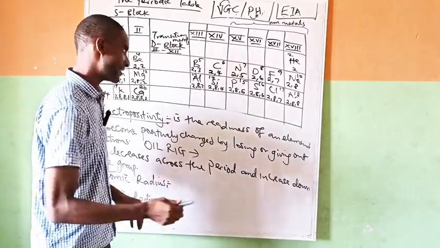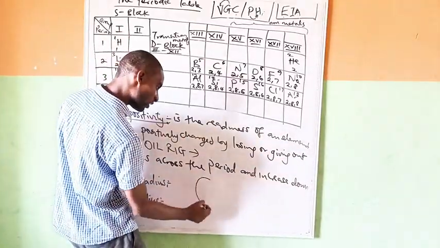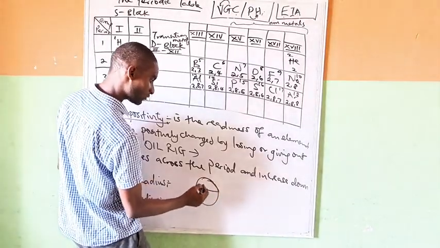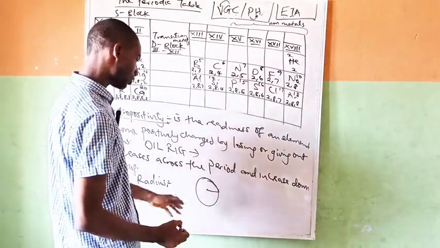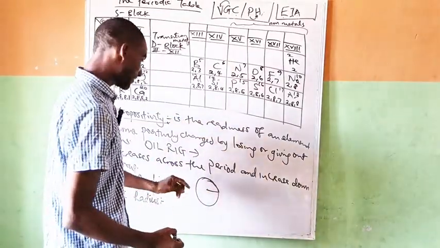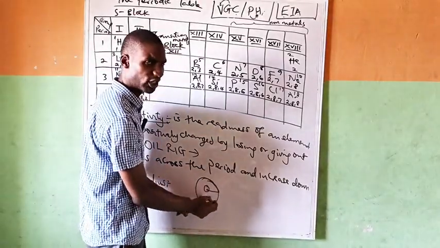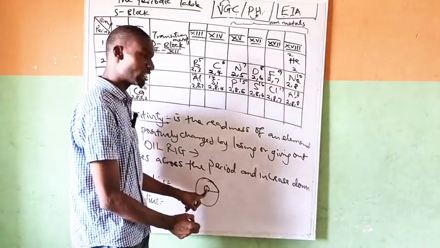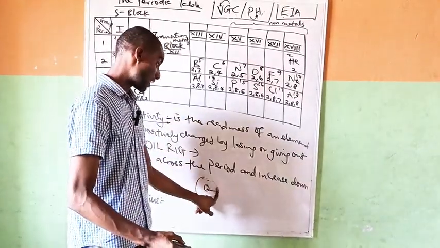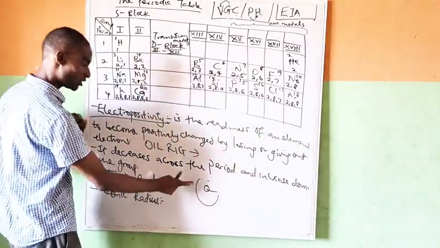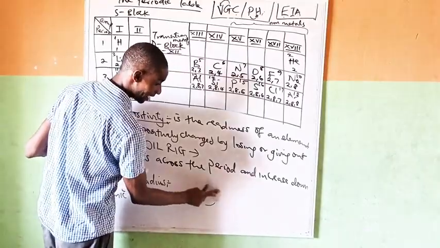Radius is the distance from the center of the circle to any part of the circumference of that circle. So when you have an atom, the distance between the nucleus and the outermost shell, that is the atomic radius. So the difference between atomic and ionic radius is atom and ion.